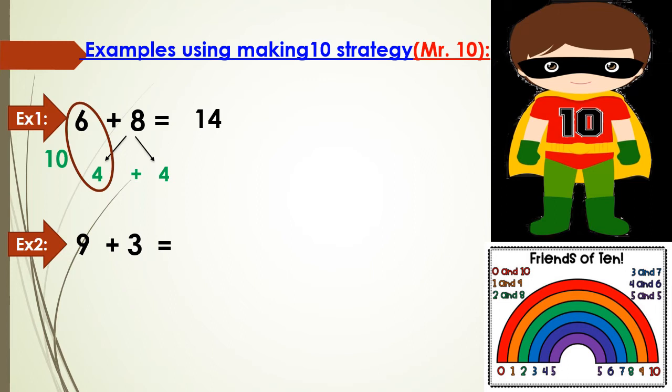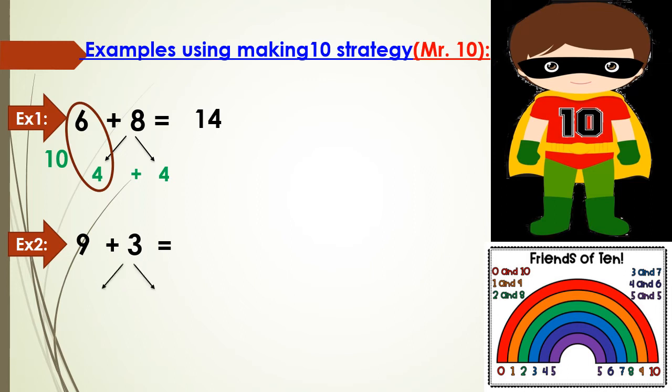The next example, 9 plus 3. First, 9 is weak or strong? 9 is weak. It needs what to be Mr. 10? Yeah, 9 needs 1 to be Mr. 10. Okay, so 9 will go to 3 and ask her, 3, can you please help me to be a superhero? 3 will say, okay.